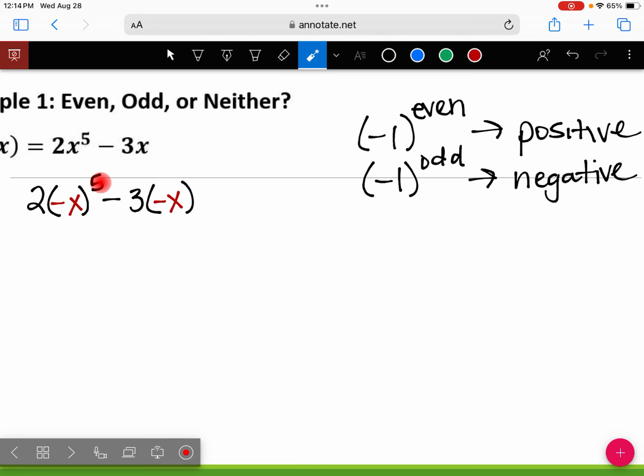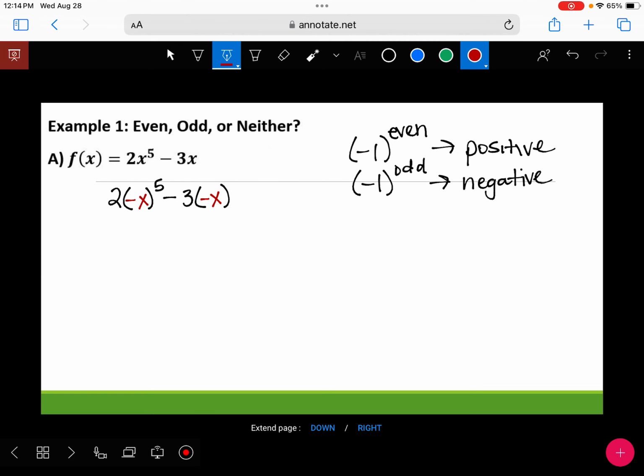Because this first one is to the power of 5, that's going to keep this negative, which is going to cause that 2 to become negative. So that means that f of negative x is going to equal negative 2x to the 5th plus 3x. I want you to compare this equation to this equation.